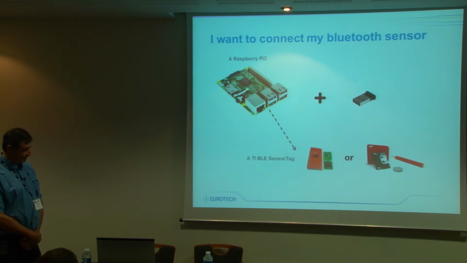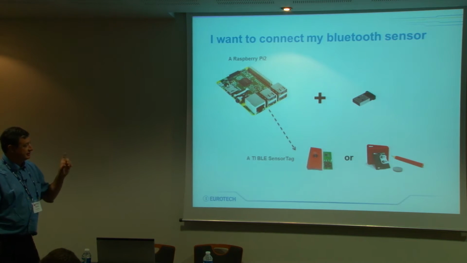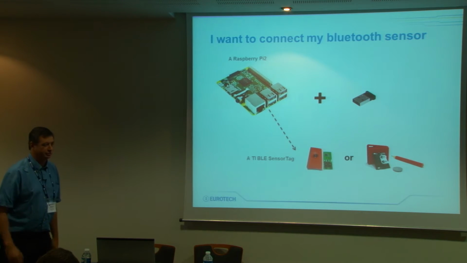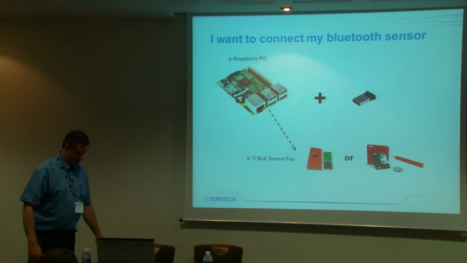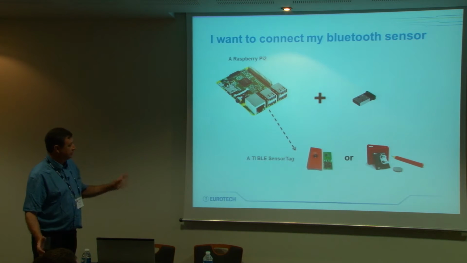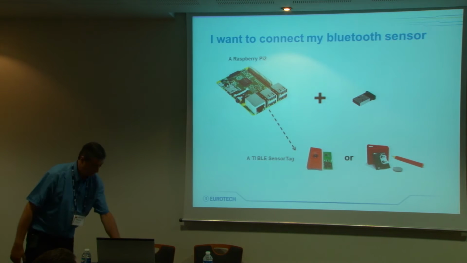TI has produced some very small sensor tags that are quite interesting. These are Bluetooth low energy devices, including a lot of sensors: temperature, humidity, etc. The latest release is really rich in sensors. There are 12 sensors in it. So we will try to connect maybe the temperature and pressure to the cloud, just to know exactly how cold it is.